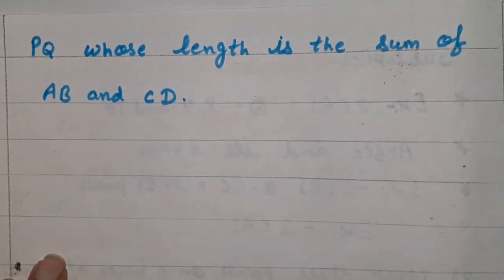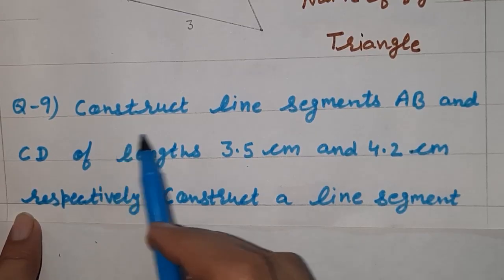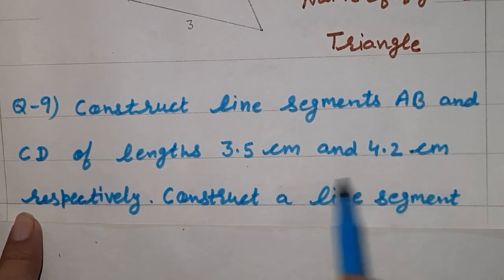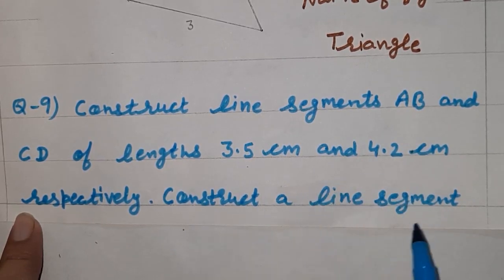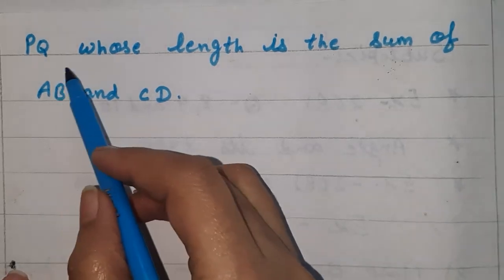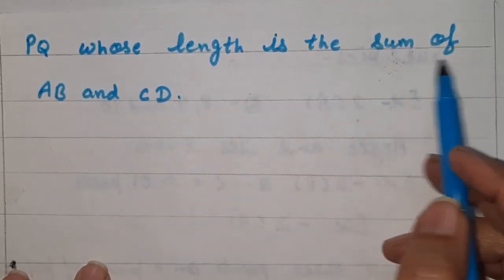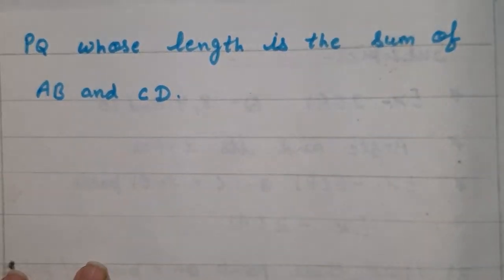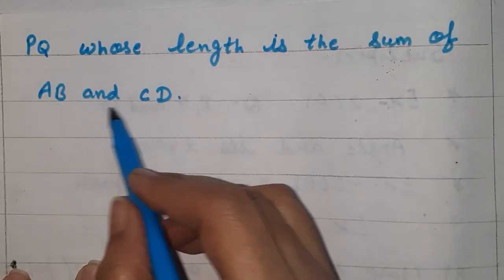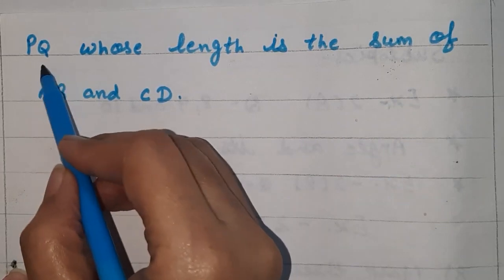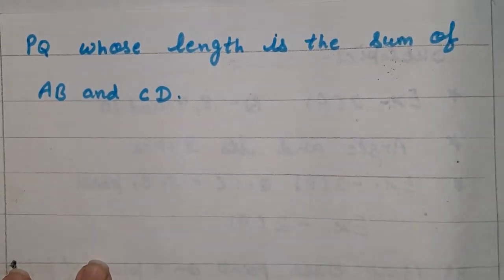Have you understood the question? The question says we have to construct 2 line segments AB and CD. Then after that we have to draw one more line segment named PQ. And what is the length of PQ? It is not given. It is asked whose length is the sum of AB and CD. Means AB और CD को जब हम add कर देंगे तो जो total आएगा that length is the length of line segment PQ. Understood?